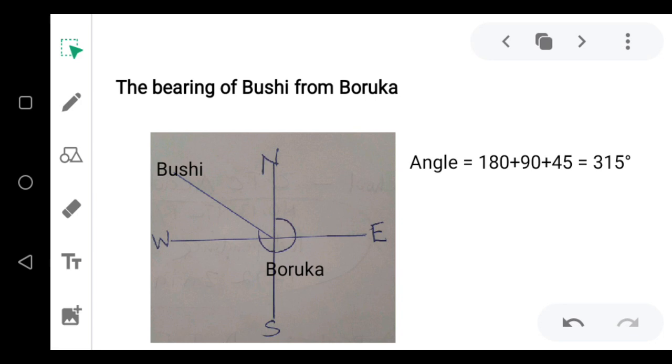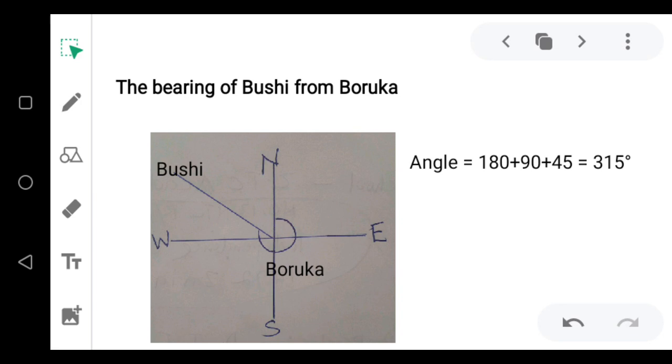Now it's very simple. I've measured it, and the angle is summed up as thus. First, from north to south, you have 180 degrees on a straight line, right? Then from south to west, we have another 90. That's a right angle.